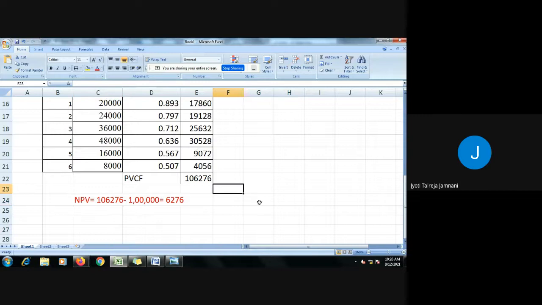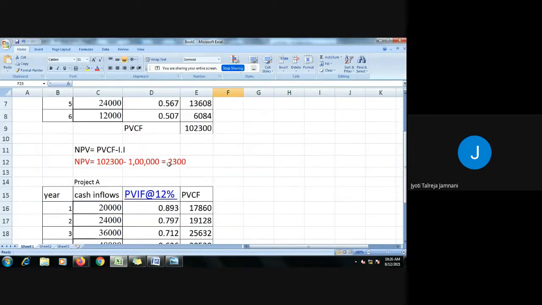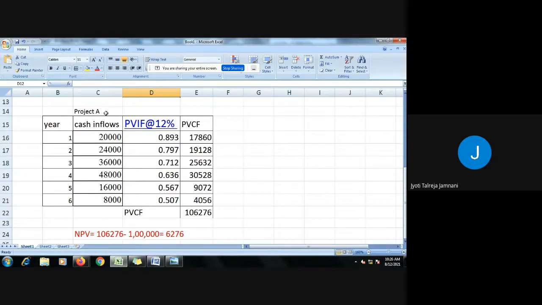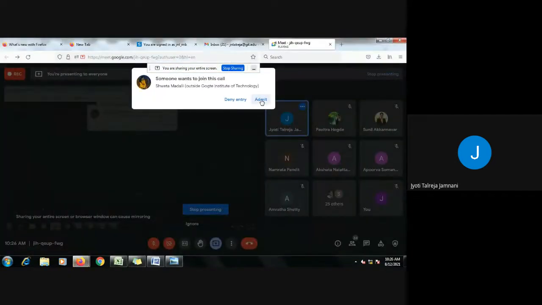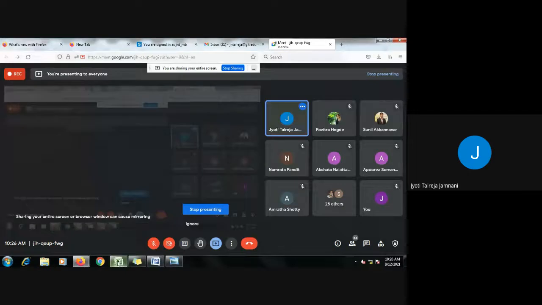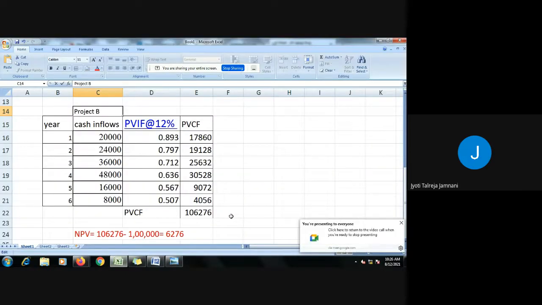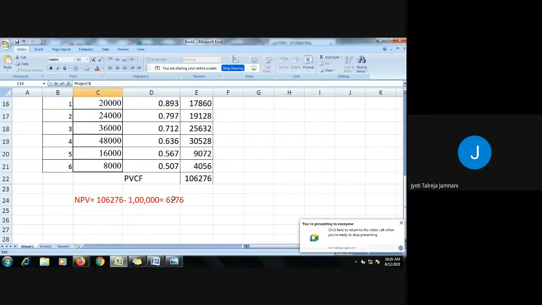So for project A, the NPV was 2,300. For project B, the NPV is 6,276. Now tell me which is the highest NPV, A or B? Project B is the highest NPV.